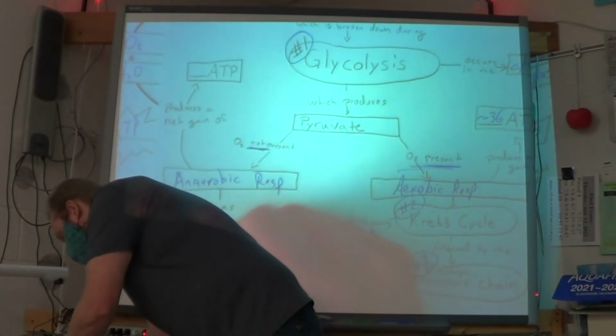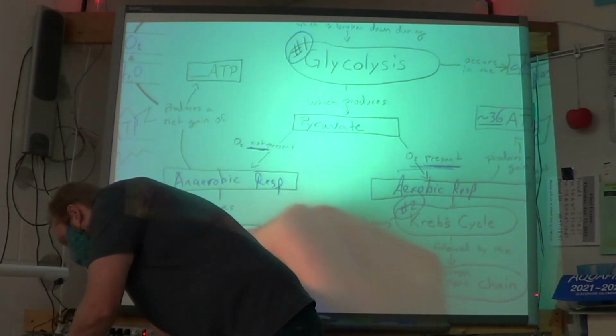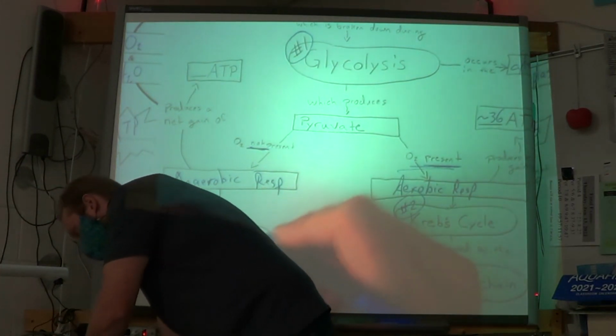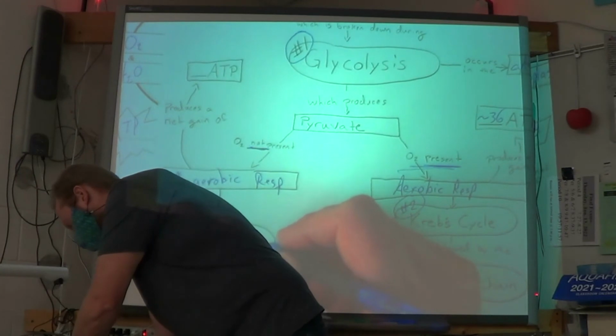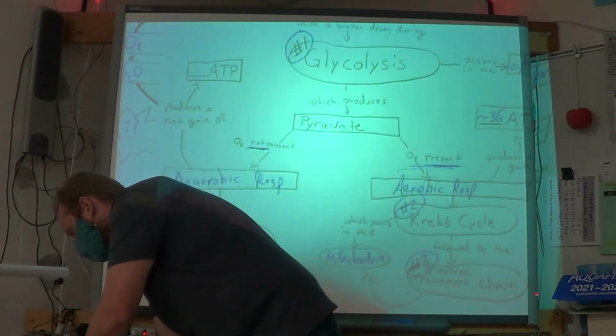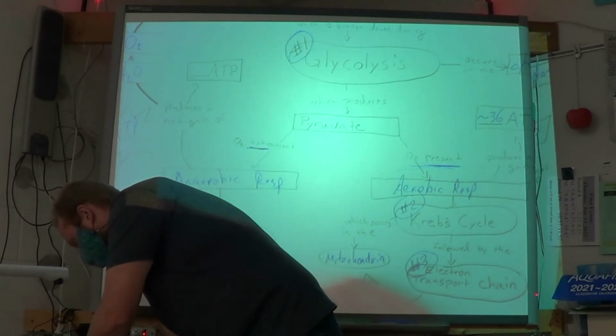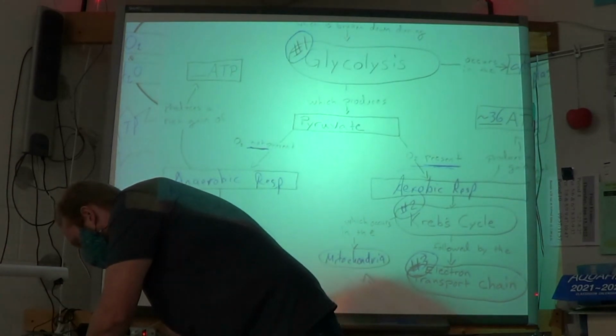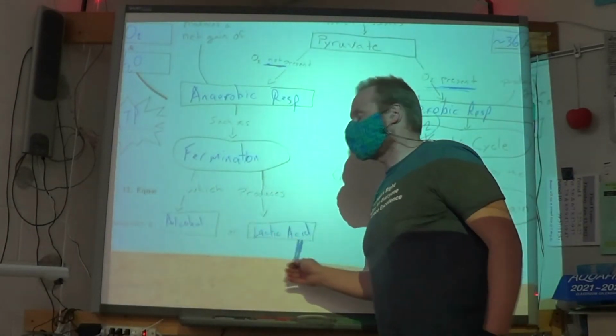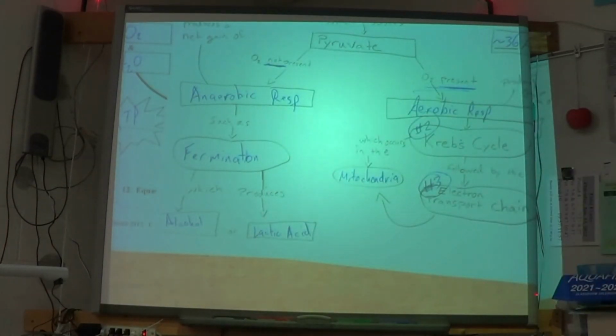One is called lactic acid fermentation and one is called alcoholic fermentation. So depending upon which type of fermentation happens, depends upon which product is produced. Now these two boxes are interchangeable because there's no differentiating characteristics between the two boxes. Okay, so lactic acid and alcohol are produced.